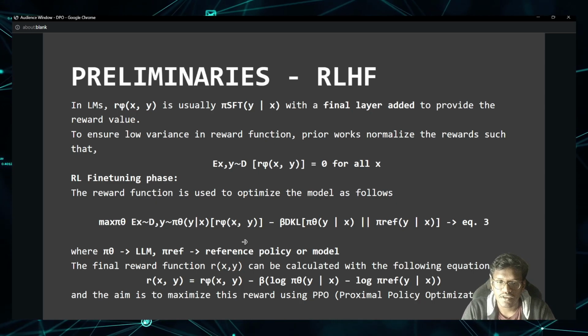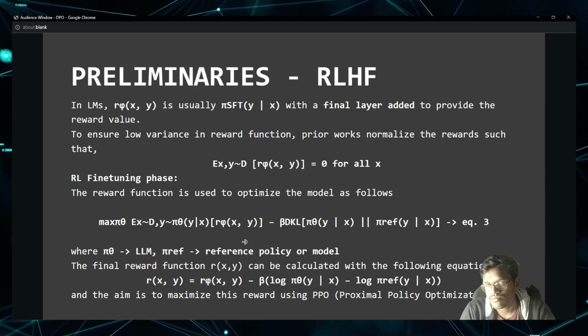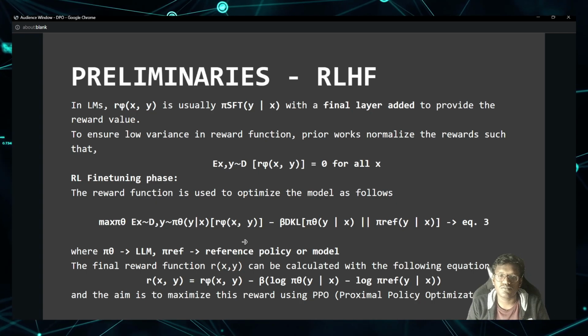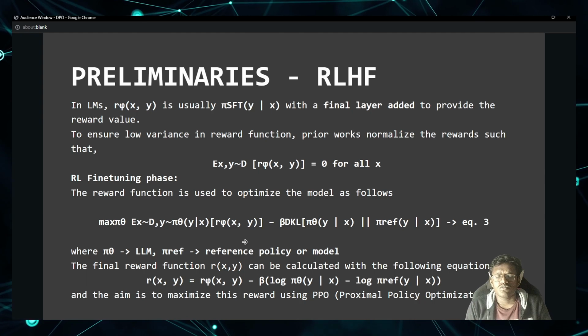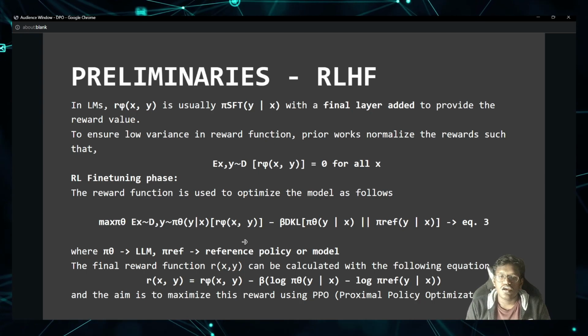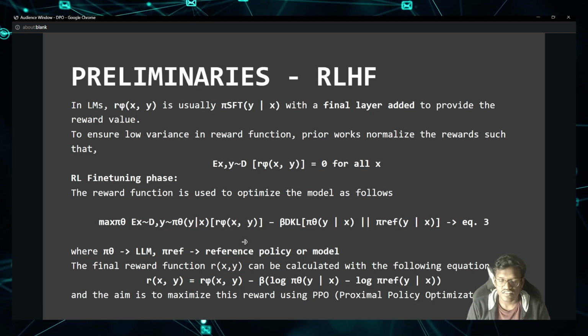Okay, so here pi theta will be your LLM and pi ref will be your reference policy or your model. Okay, your model itself sometimes will be used as your reference model. So the final reward function will be, let's say we have a reward function called r of x comma y.